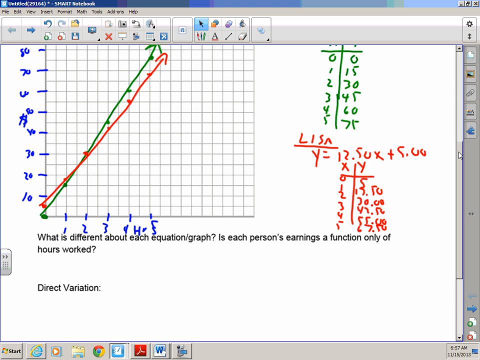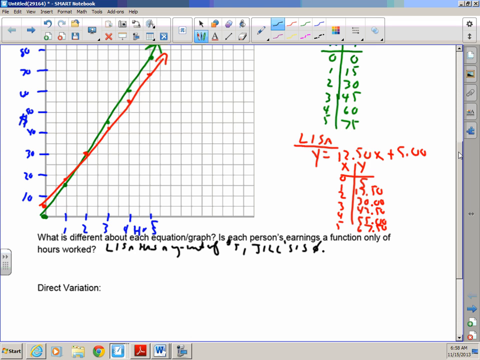Now, what is different about each of the equations, and is each person's earnings a function only of the hours worked? Well, if you notice, Lisa has a y-intercept of $5. Jill's is 0.